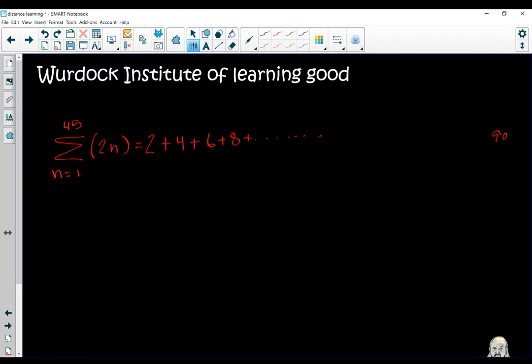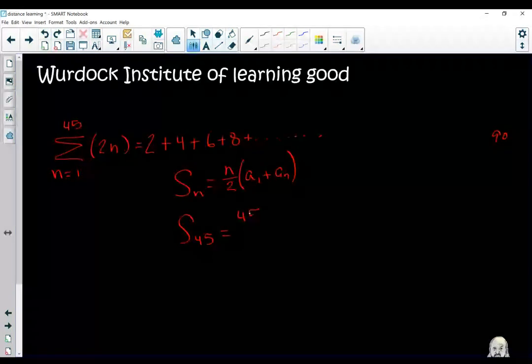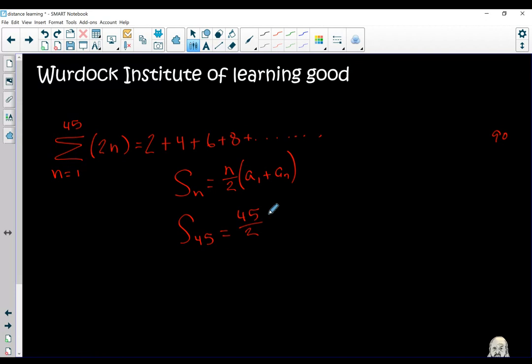So now applying this formula that says if I want the sum of the first n things, I take n divided by 2 times the quantity, the first term and the last term. In this case, specifically, we're adding 45 things. So we use 45 divided by 2. The math will still work out, even though there's a fraction there.